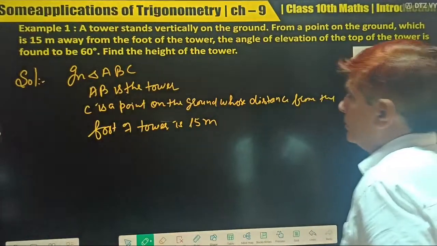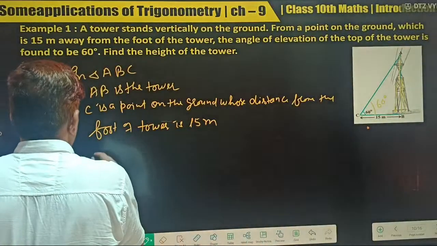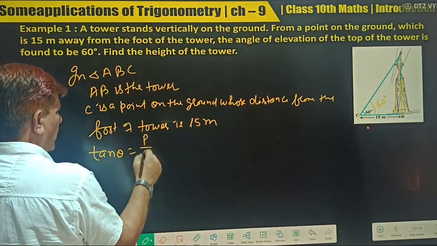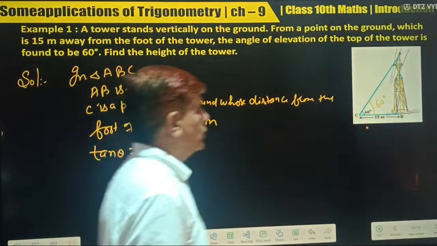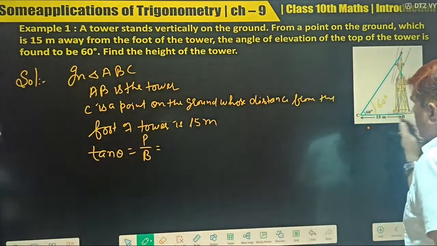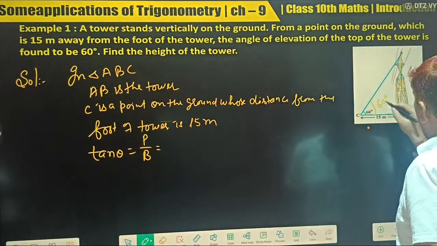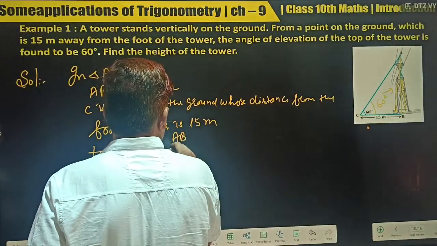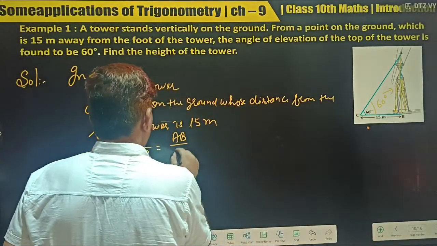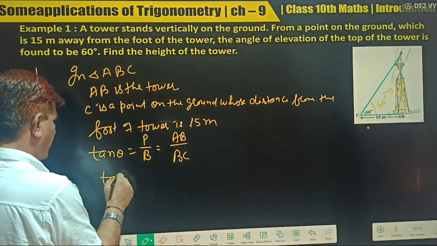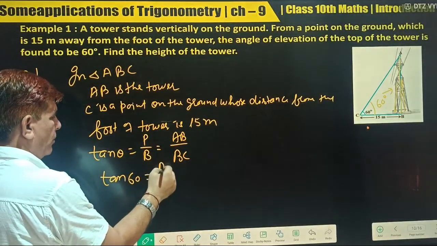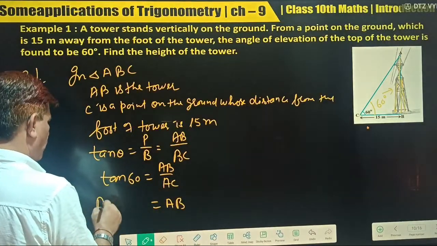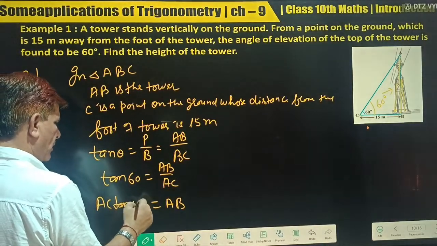Understood or not? What is tangent 60 here? Perpendicular by base. Opposite to the angle is always the perpendicular. So tangent 60 is equal to AB by BC, where BC is 15. So AB is equal to BC tangent 60.